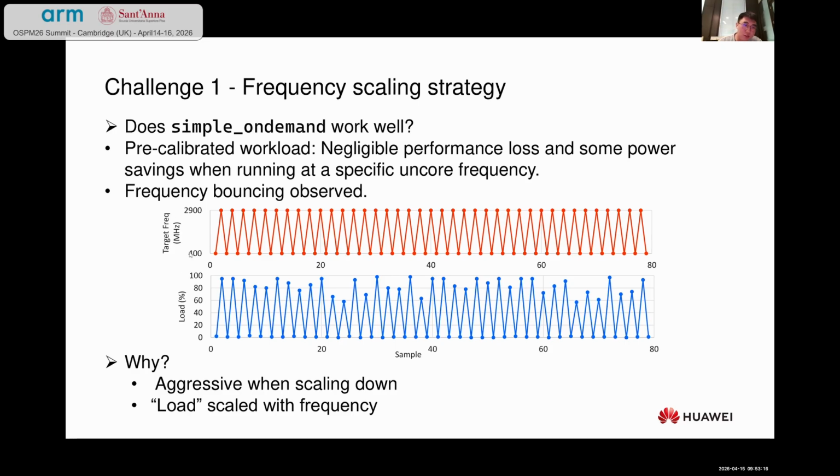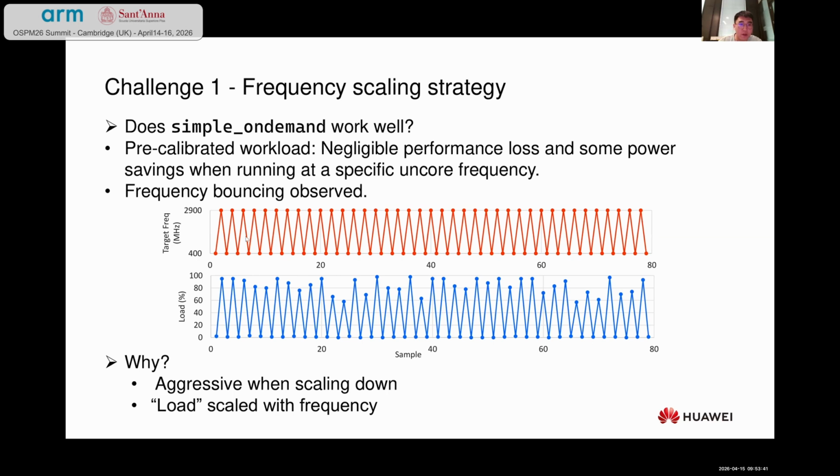There are two traces. One is the percentage of load. The other is the target frequency the governor requested in this period. The x-axis is the sample, so it's just a time series of samples we traced from the governor.